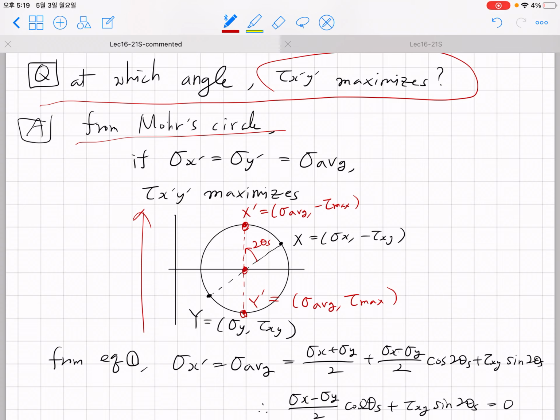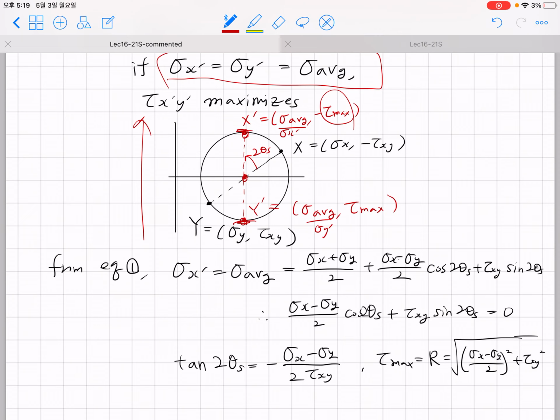In that case, sigma x prime and sigma y prime will be the same as sigma average, and the reading of the vertical axis will give the maximum shear stress. So we can obtain the angle required to obtain the maximum tau x prime y prime from this angle, 2 theta s, where s means shear stress.